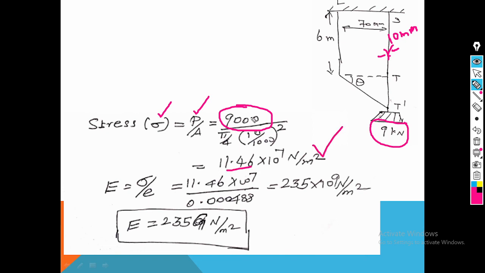From sigma divided by strain you can find the Young's modulus of the wire. Sigma is 11.46 into 10 power 7 divided by the strain 0.000488. So Young's modulus is 235 into 10 power 9 Newton per meter square, that is 235 giganewton per meter square.